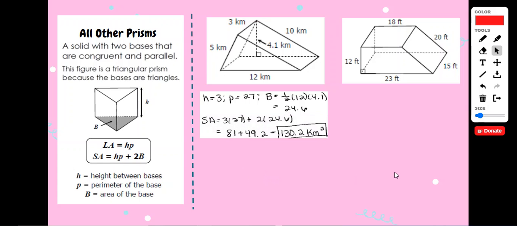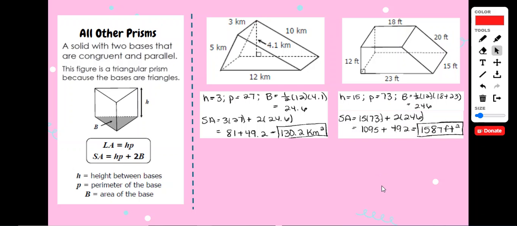For your trapezoidal prism, you had a height of 15, distance between your two bases, a perimeter of 73, and an area of the base of 246. Make sure you're using the area of a trapezoid formula for that. Your answer should have been 1,587 feet squared.